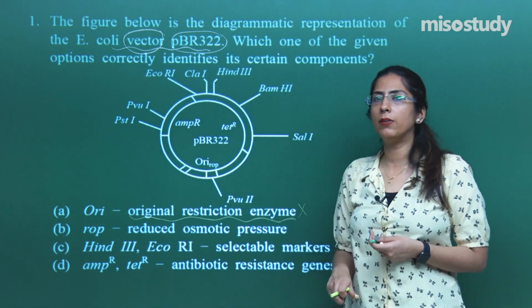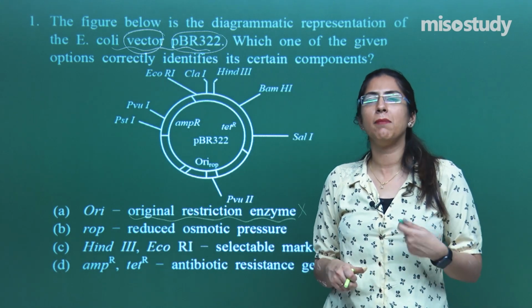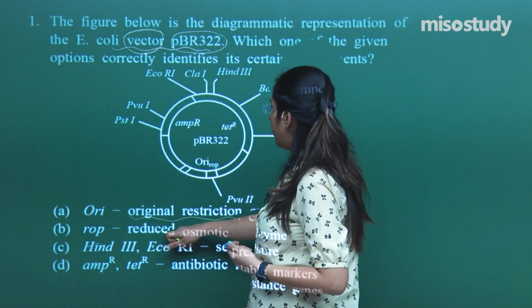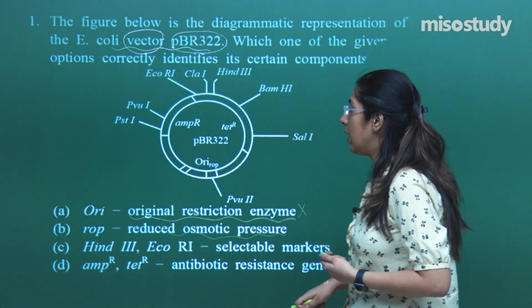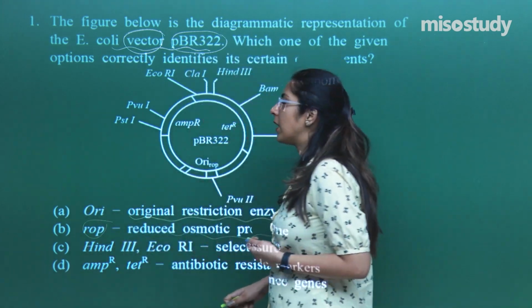When we are talking about a vector, we are looking for one vehicle that helps in transferring a gene. Here they have written reduced osmotic pressure, but ROP doesn't mean that. ROP means replication proteins.